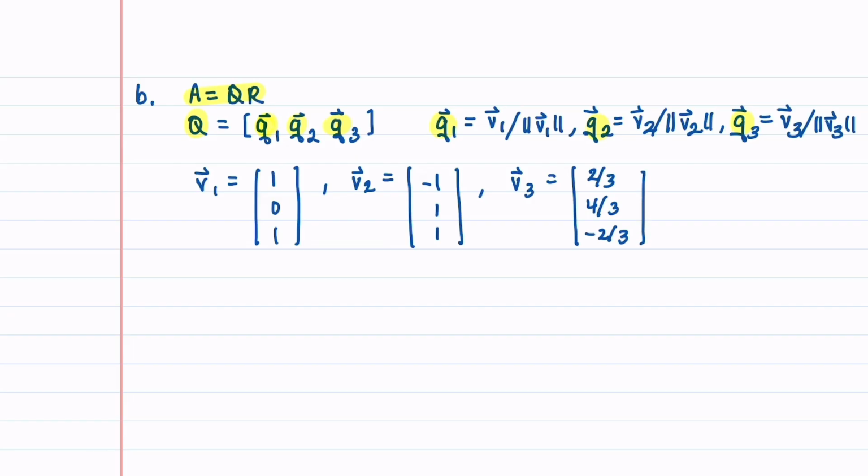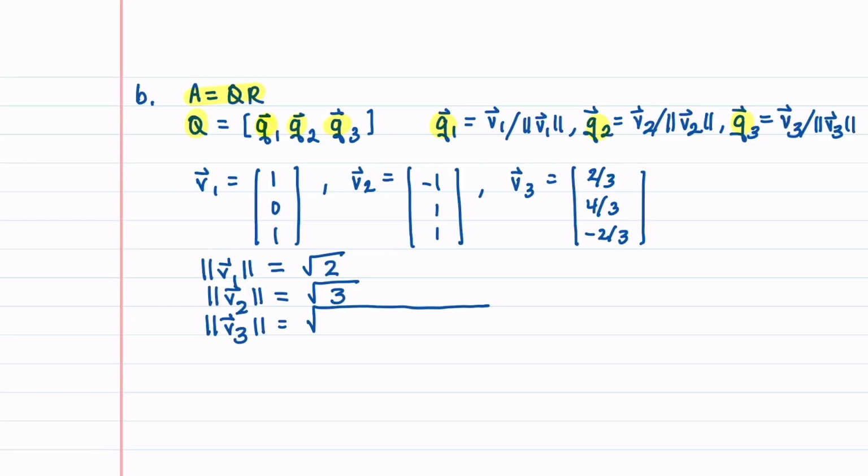Let's go ahead and compute their magnitudes. The magnitude of V1 is going to be the square root of 1 plus 1, so that's root 2. The magnitude of V2 is going to be the square root of 1 plus 1 plus 1, which is root 3. And then for the magnitude of V3, we're going to have to write some more stuff down. This is going to be the square root of each component squared.